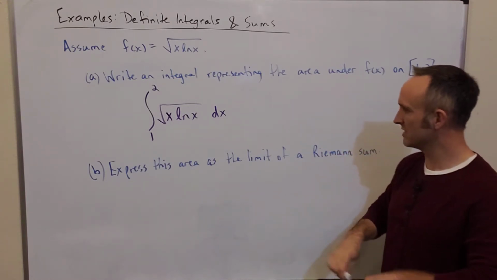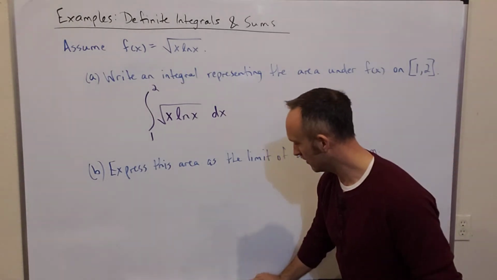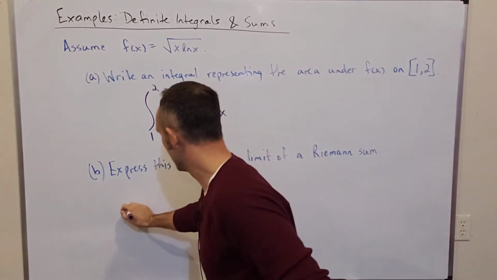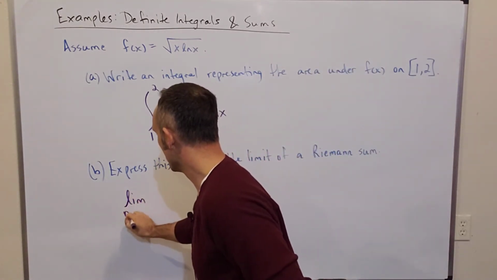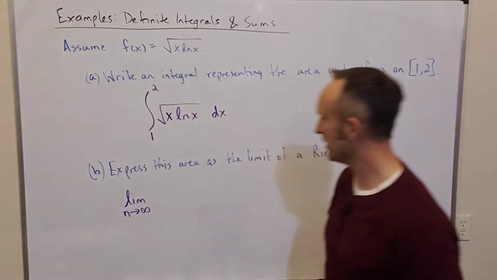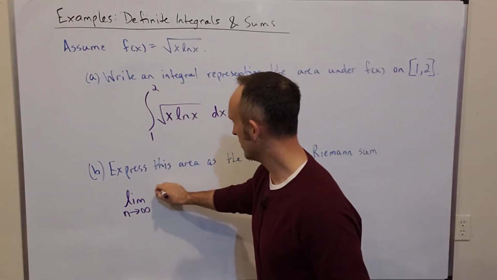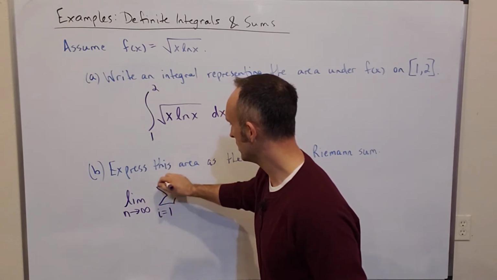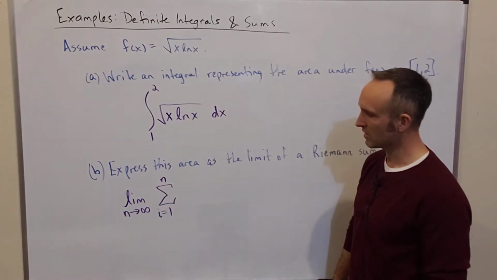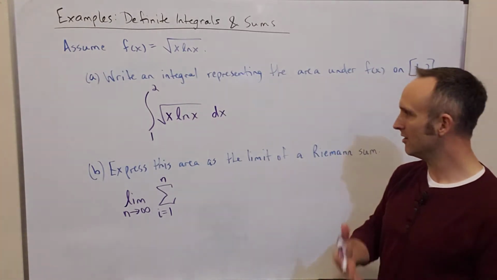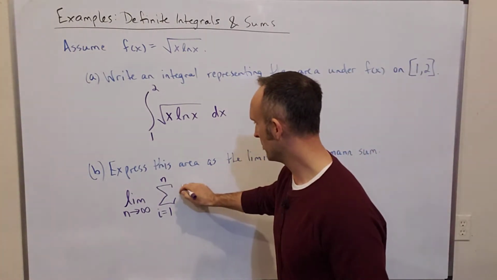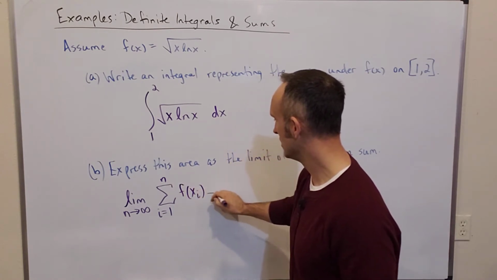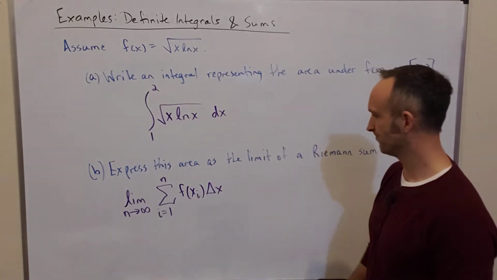We're definitely going to have the limit as the number of rectangles n goes to infinity of a Riemann sum from an index of i equals 1 to the nth rectangle of the area of each rectangle, which remember is f of x sub i, that's the height of the rectangle, times the width of the rectangle.